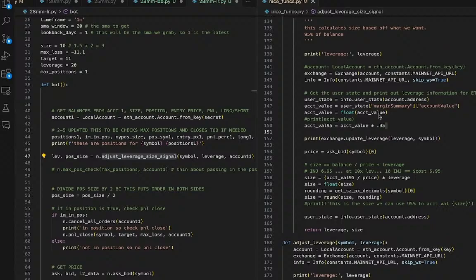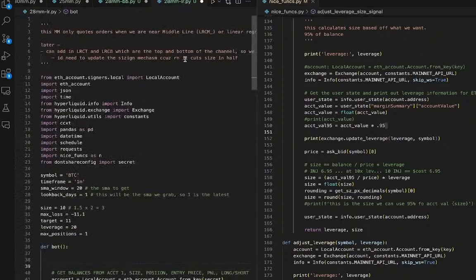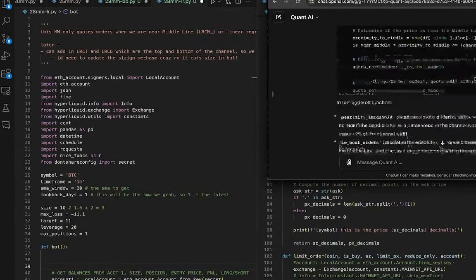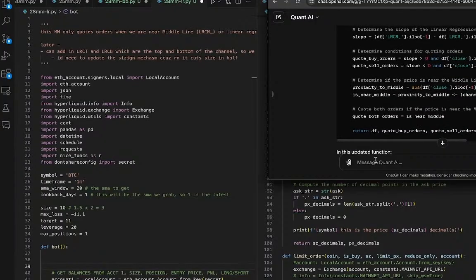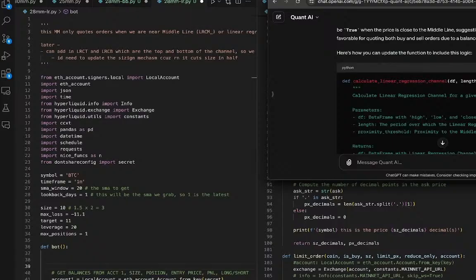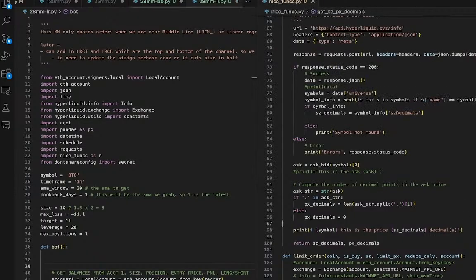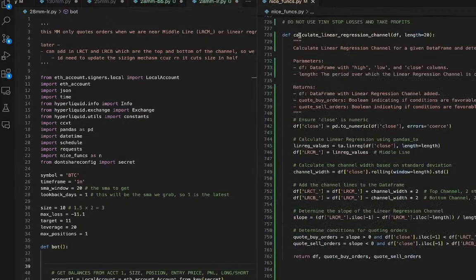I'm going to get some water. We're going to finish this second bot up. It's almost done. This one's using linear regression channels, which I think are pretty sleek. Let me make sure to update this first, so you can see, quote, both orders here, quote, sell orders, quote, buy orders. And then I want to put that into my notes. This is so sick how quickly we're able to do this, isn't it?